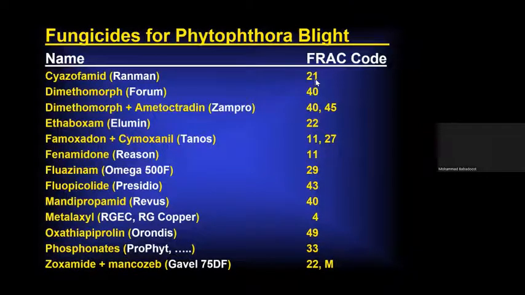You see this one, we have FRAC groups like 21, 40, combination 40, 45, 22, 11, 27, and so on. So we do have right now good combination of the fungicide to take care of this pathogen in both peppers and also in cucurbits.